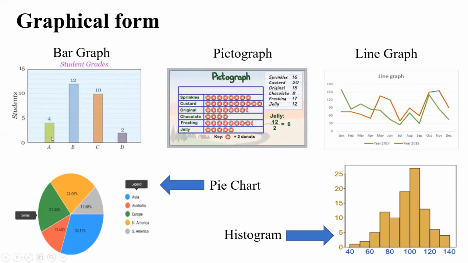The difference is that there is a gap between two bars in a bar graph, while in a histogram each bar is attached, right next to the previous one. In a line graph, the data is represented in the form of a line. In a pictograph, we use different pictures, and for pie charts we represent the data in circle sectors.